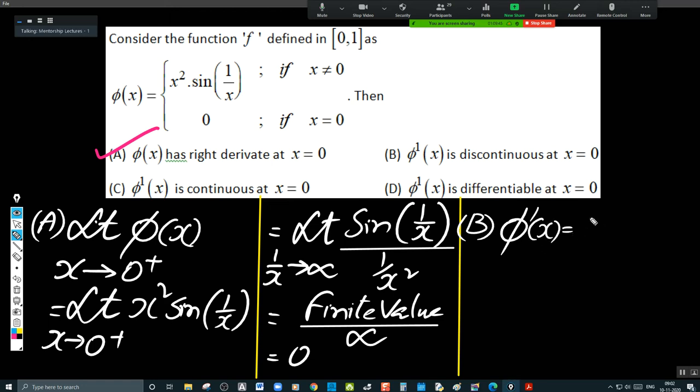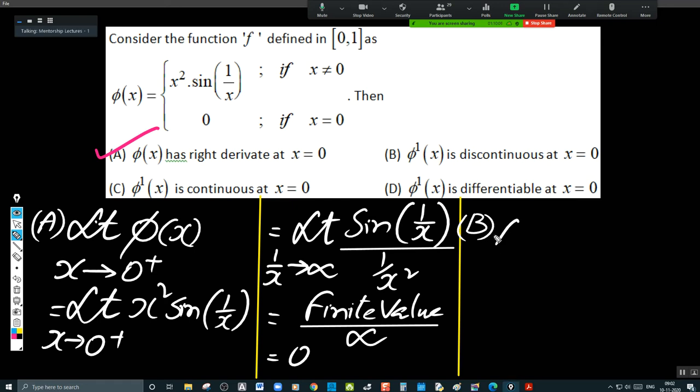Phi dash x is discontinuous at x equal to 0. Let us do one thing. Let me apply the definition also so that you will be more comfortable. F dash 0, he is asking about 0 there, no?